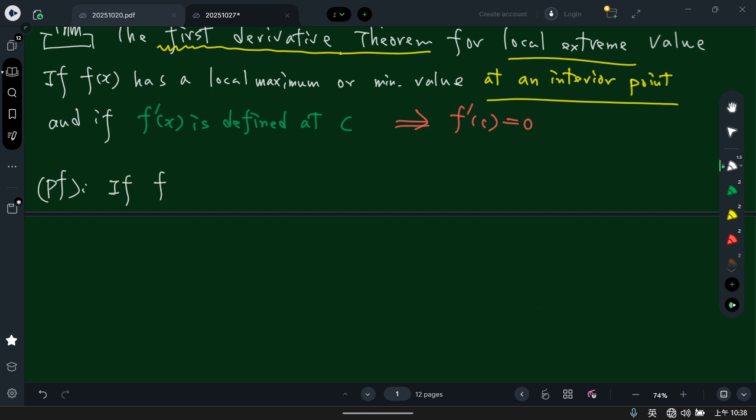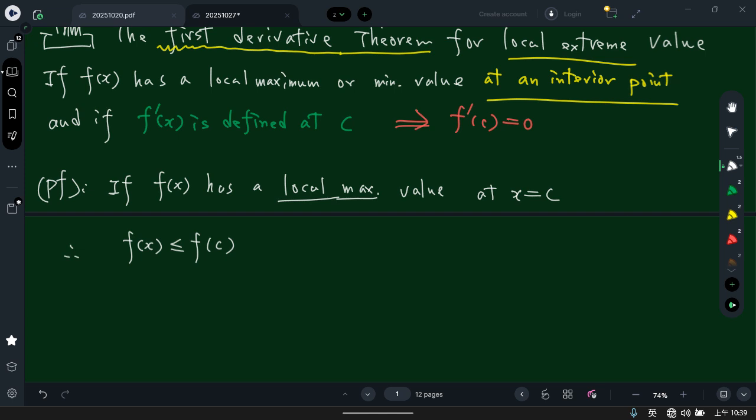Let me put it down. If f of x has a local, this time we just take local maxima as an example, at x equal to C. Therefore f of x must be less than or equal to f of C, for some certain open interval, because f of x obtains the local maximum value at x equal to C. So that means we can also get f of x minus f of C should be less than or equal to 0.